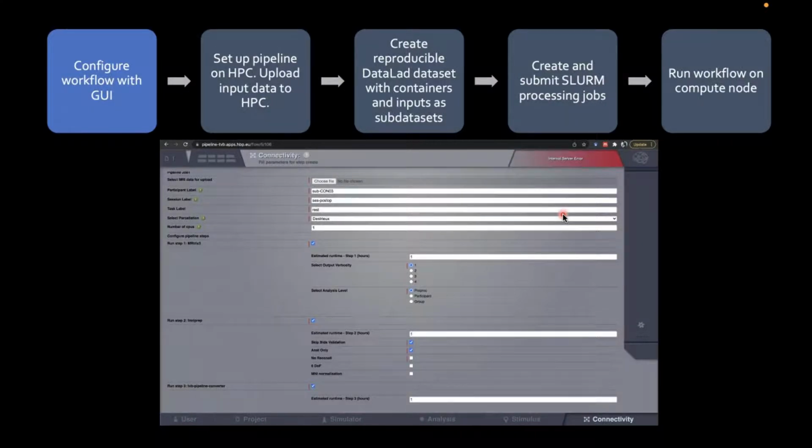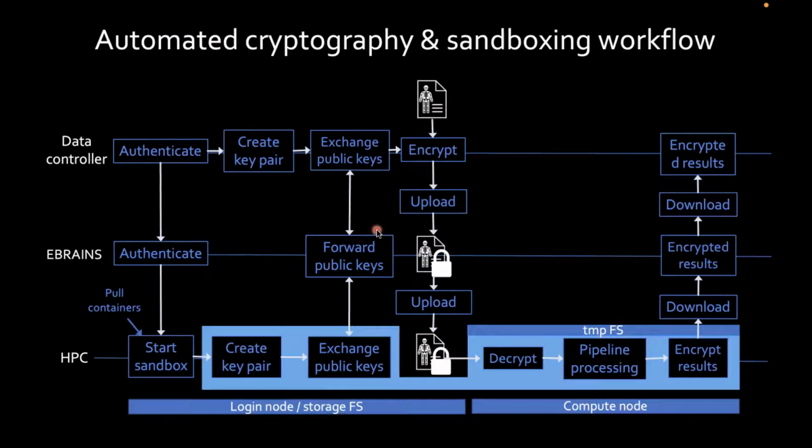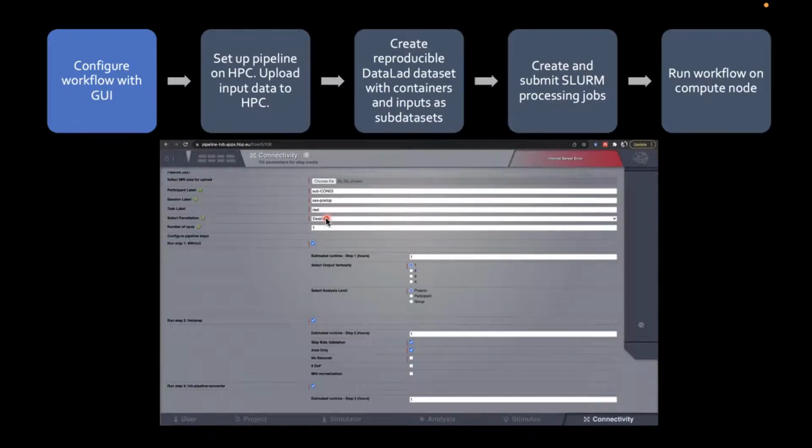And only after it was encrypted, this time with the public key that was obtained from the data controller, it can then be safely sent over open channels, and finally then only on the data controller's computer be decrypted.